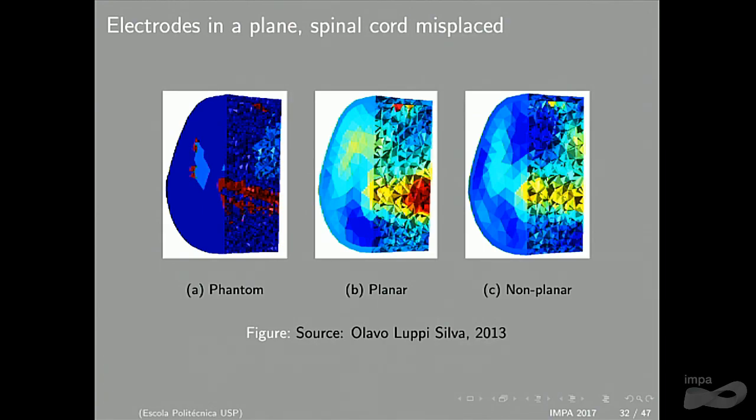If we use a planar disposition of the electrodes, the bony region is perceived in the wrong situation. In the inverse problem, using a non-planar belt of electrodes, we recover the sternum and we recover the spinal cord and some overinflation in the lung, and the heart is in the correct position.